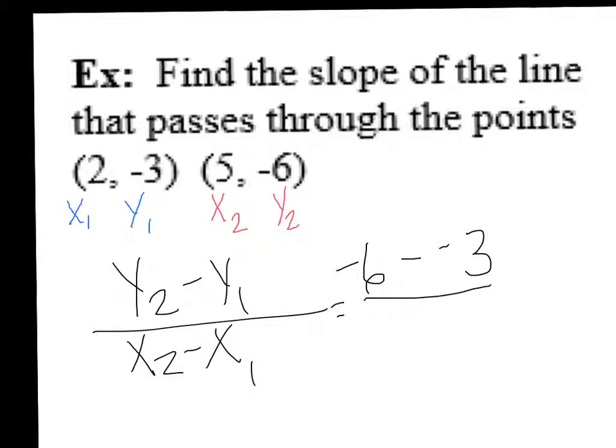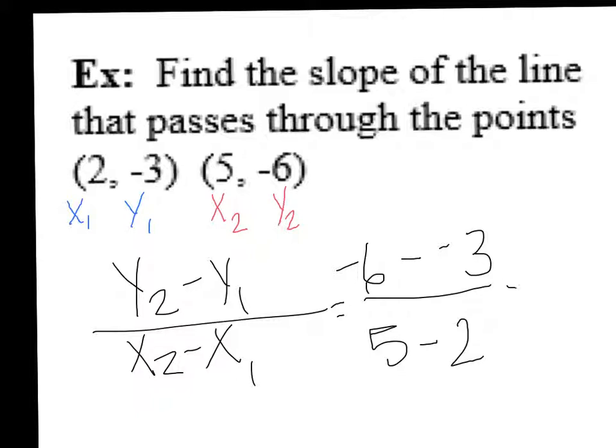The x values are going to go on the bottom. So we have x2 minus x1 on the bottom. The value for x2 is 5, and the value for x1 is 2. So we're going to have 5 minus 2 on the bottom. Now, our slope, we have -6 minus -3 on top and 5 minus 2 on the bottom. All we did was we plugged in our values for y2, y1, x2, and x1.